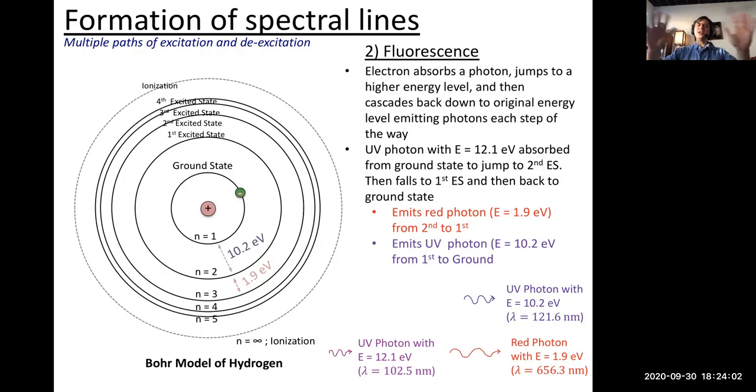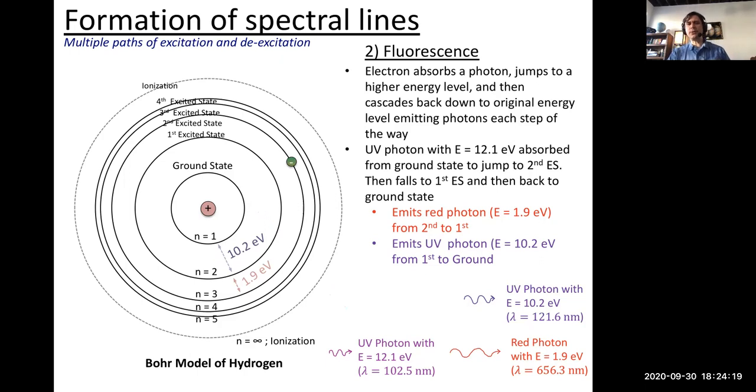All right, so I know that was pretty complicated, but now we understand absorption and emission. Here we have the absorption of a photon, 12.1, a very specific color of light, 102.5 nanometers, ultraviolet.